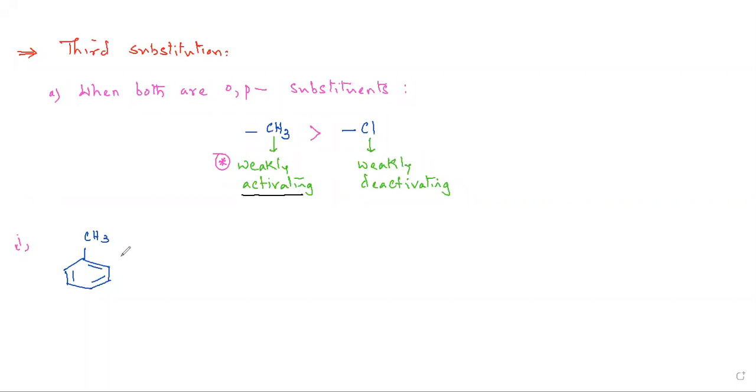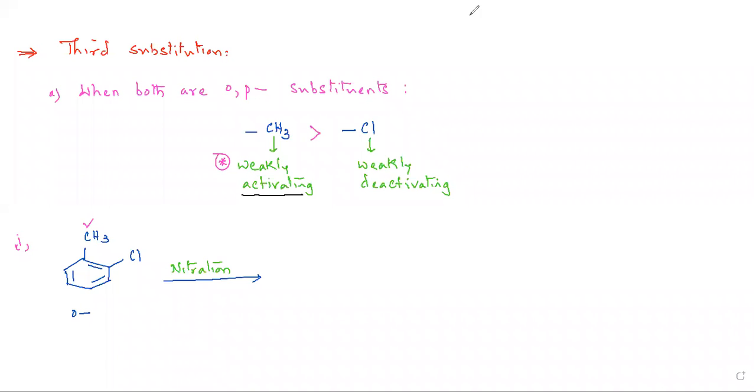See, when you've got methyl and chlorine at the ortho position, now when this is subjected to nitration, as it is very clear from this discussion, the methyl group is going to decide the fate of the third substituent, right?